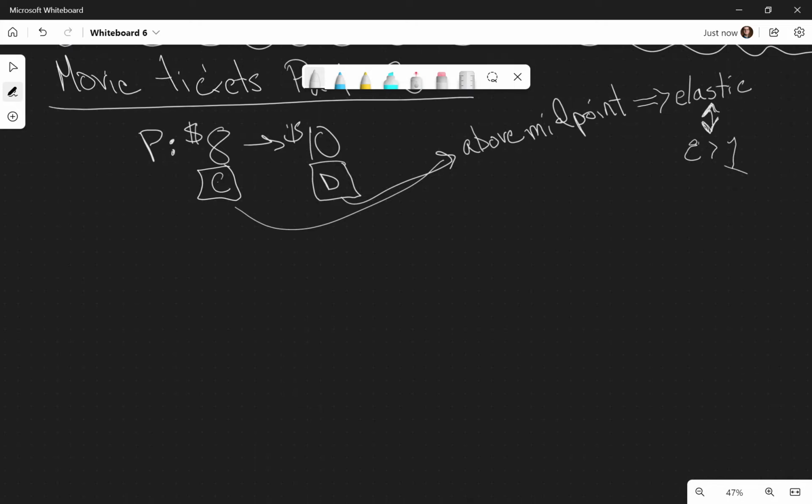So let's go ahead and do similar graphical analysis as before. Let's see how quick I can do it. Price, quantity, demand curve, that should be a straight line.